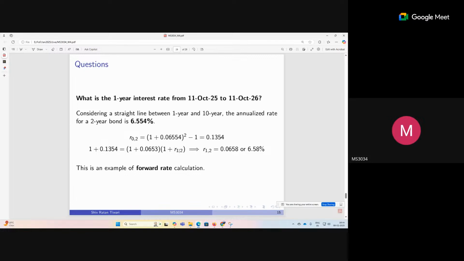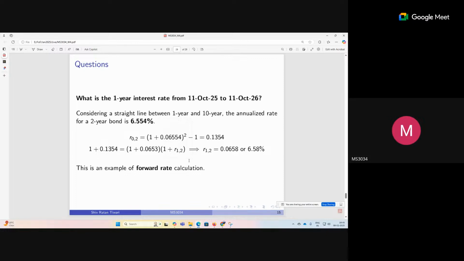This value I don't know, but I can use these values and calculate it using this formula. R12 means the return I am earning from year 1 to year 2, in the future, not from period 0. So R01 is this, and R12 is this.